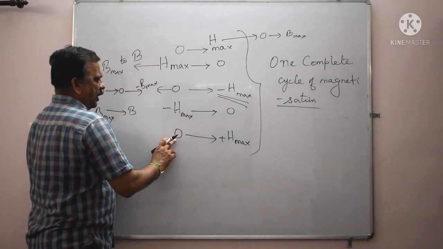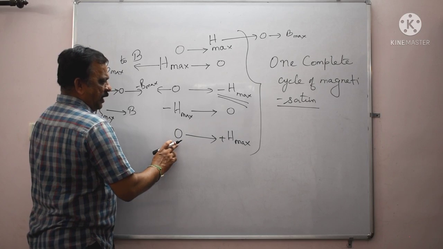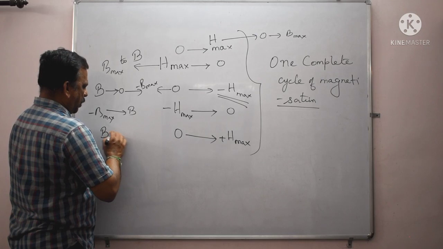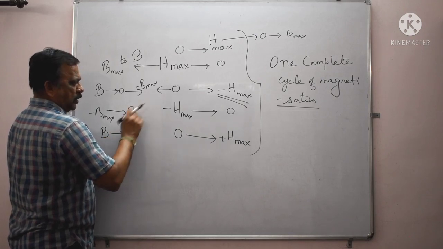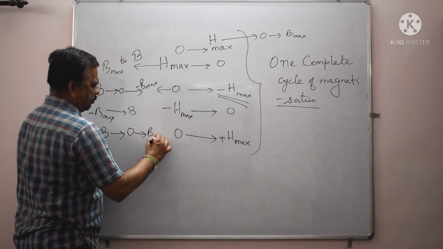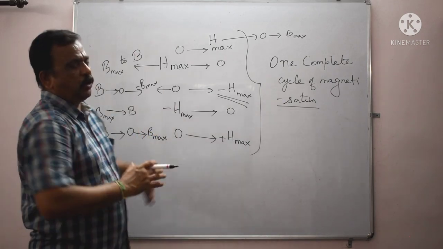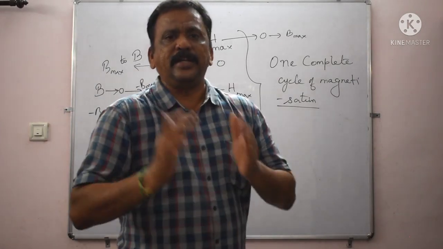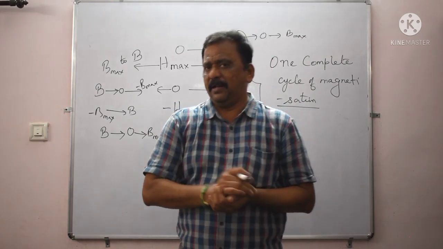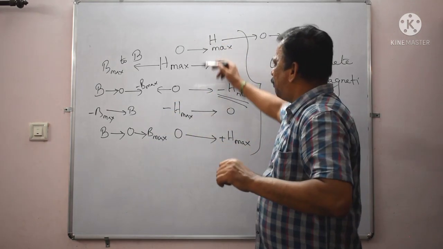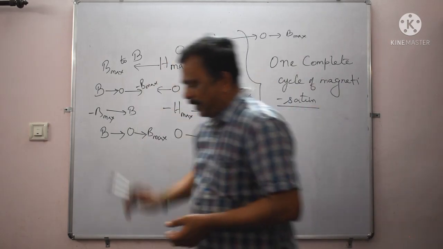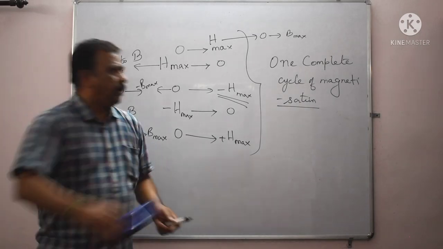Now again if I change the magnetizing field from 0 to H max in the positive direction, the residual magnetism the specimen has retained will first become 0 and then the magnetic field will become maximum. So this is what is going to happen to the magnetic field induced in the specimen when the material is taken through one complete cycle of magnetization.